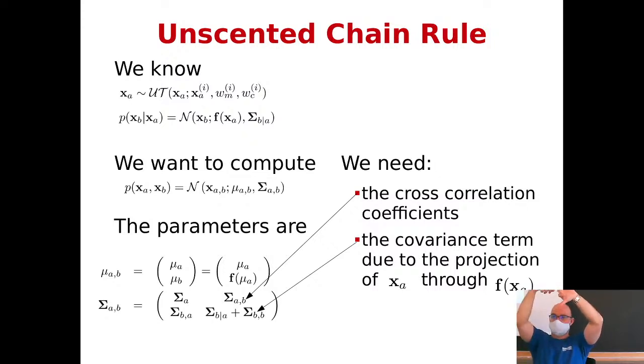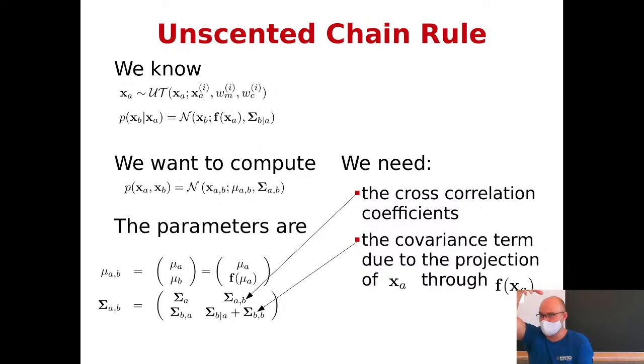Then we take the input vector and the output vector and we chain them, putting one on top of the other, xa and xb. And this becomes a new sigma point of higher dimension. Now, if I have these sigma points of higher dimension, I can simply recalculate the covariance matrix as I was doing before, just using a new set of higher dimension sigma points.